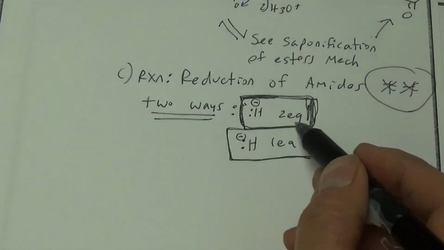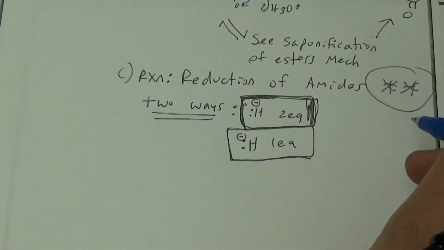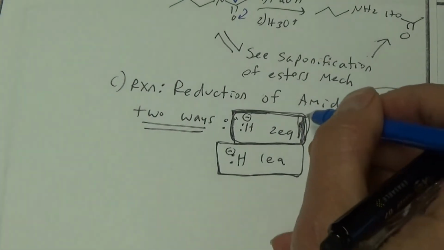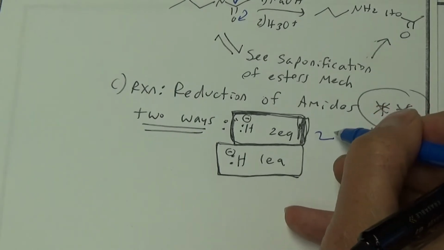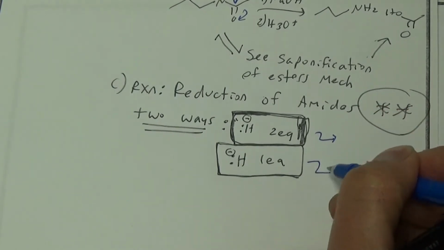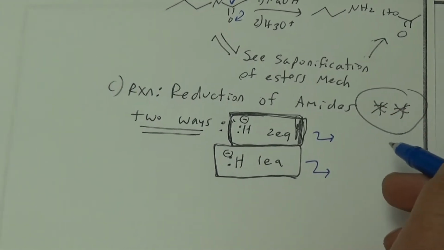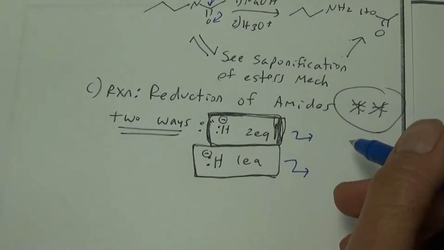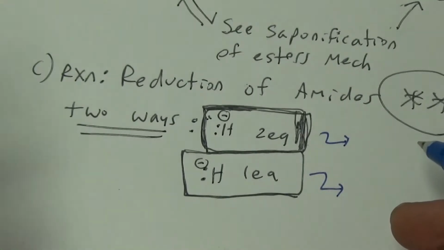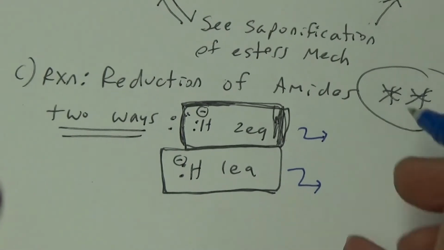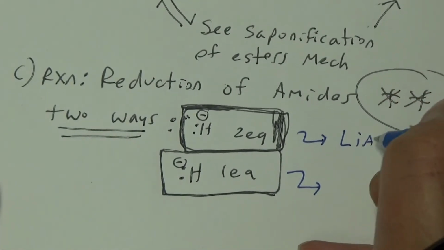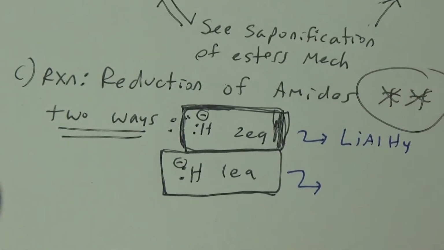What do you think H minus 2 equivalents is going to be? Think about what it was for esters. How did we do a double reduction of an ester? What was the H minus reagent? It was lithium aluminum hydride, and then there's an acid step.